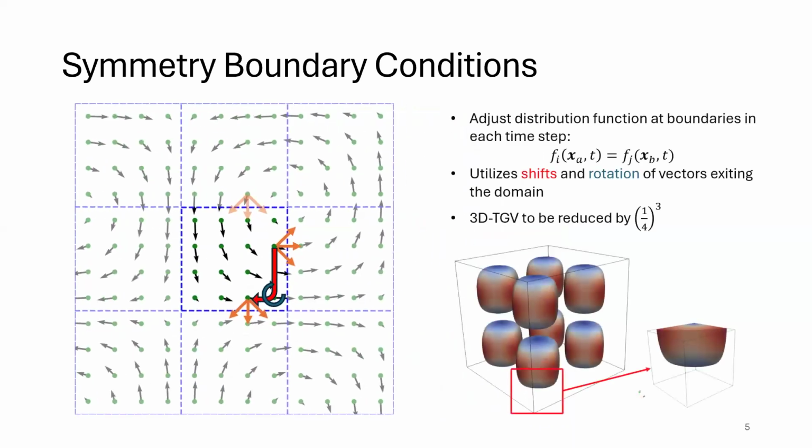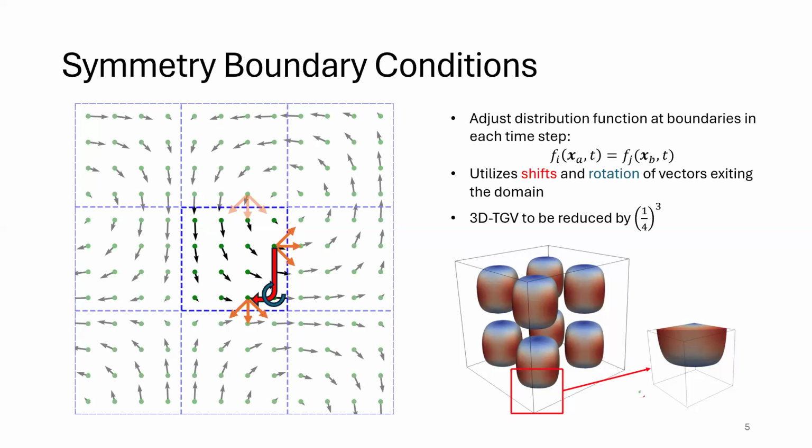So in a mathematical function, you can see it right here. We are going to adjust the distribution function f on a node, which is represented by xa and xb, at a time step t, and we got i and j, which represent the index of the vector of the stencil or the distribution function, which points in the same direction.